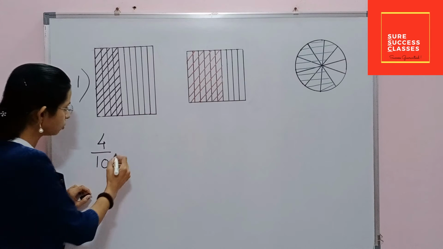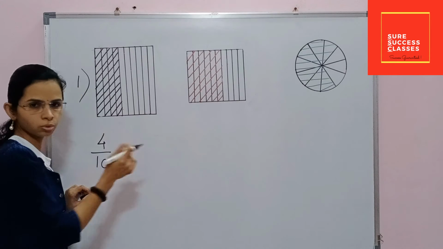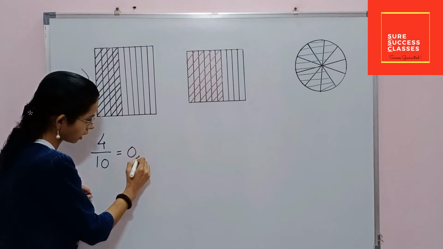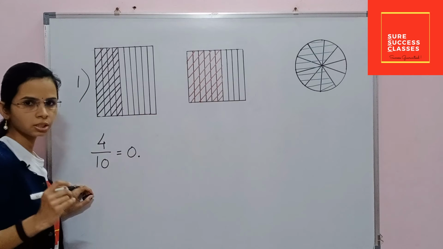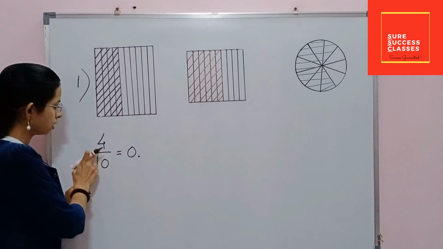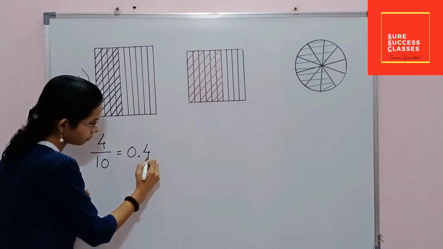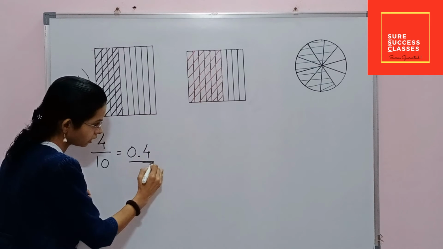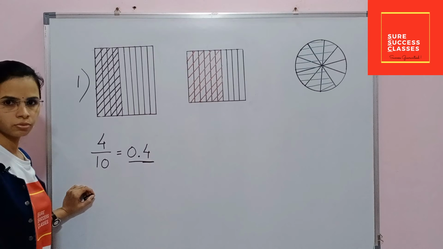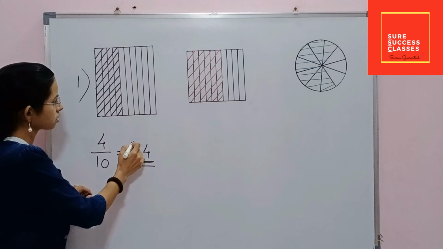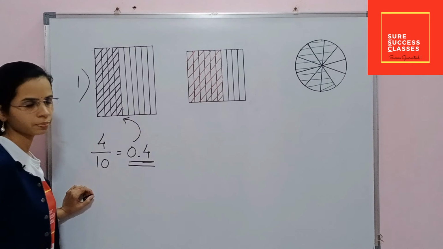And we know when we write it into decimal form, first we will put 0 and then put the decimal point, and this 4 we will write at the 10th place, and we read it as 0.4. It is the decimal form of this shaded portion.